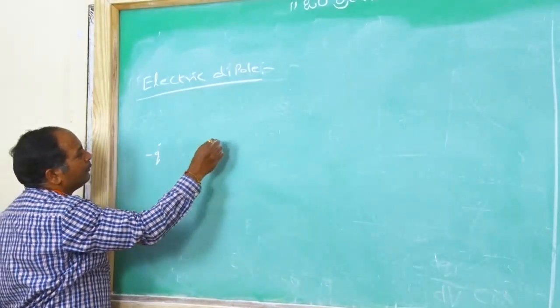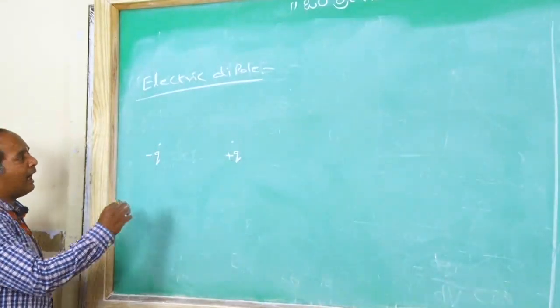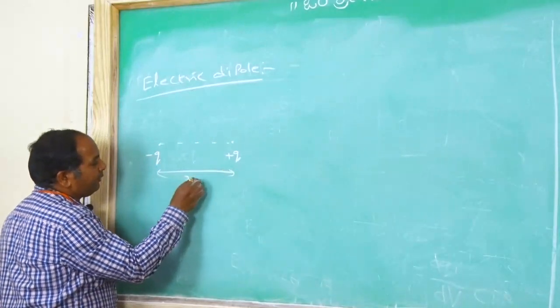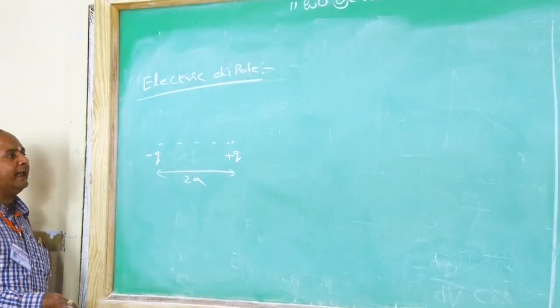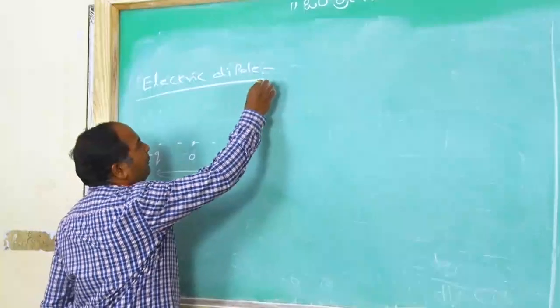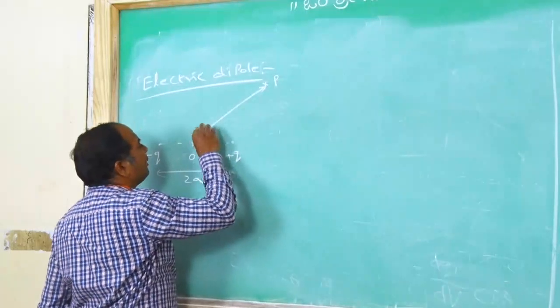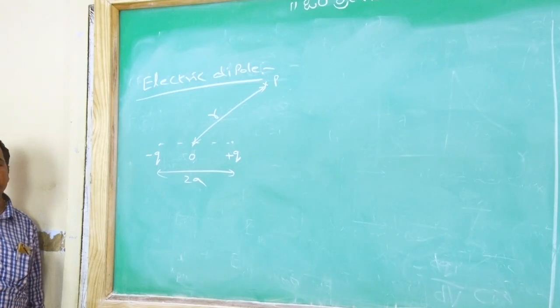If two equal and opposite charges are separated by a certain distance, that is said to be a dipole. Suppose O is the center of the dipole and P is a point at a distance small r from O.